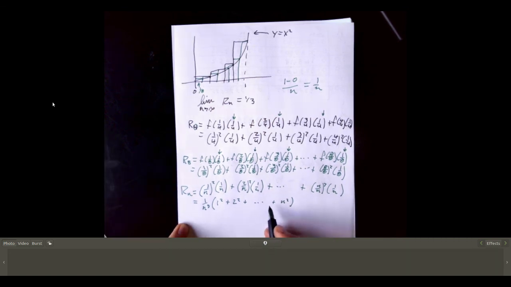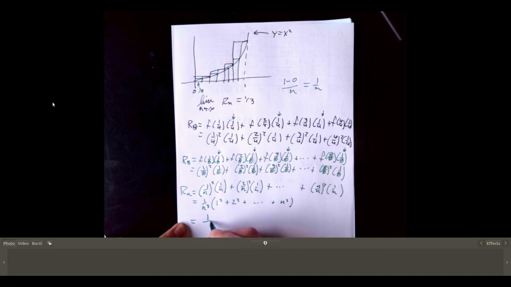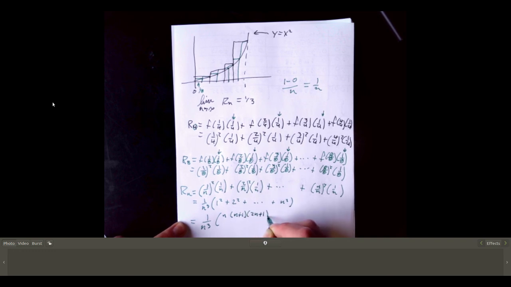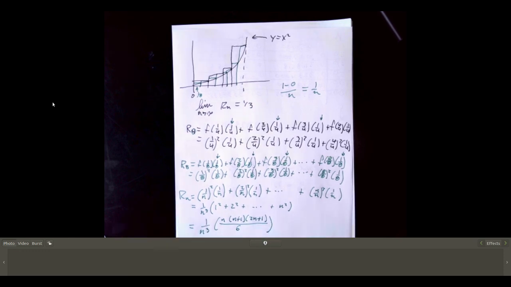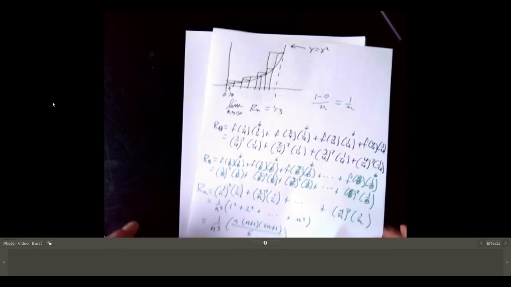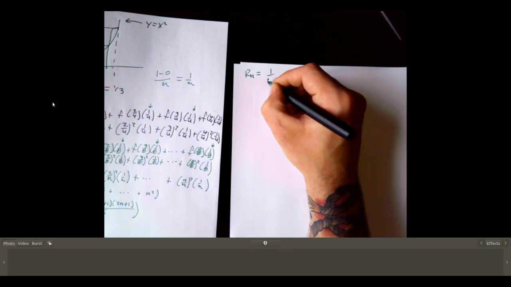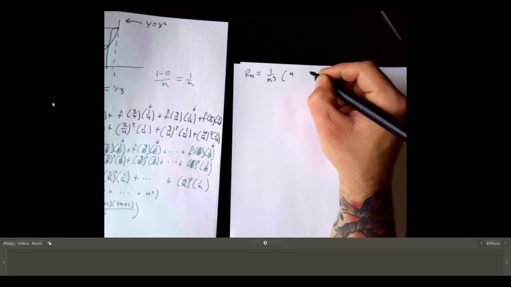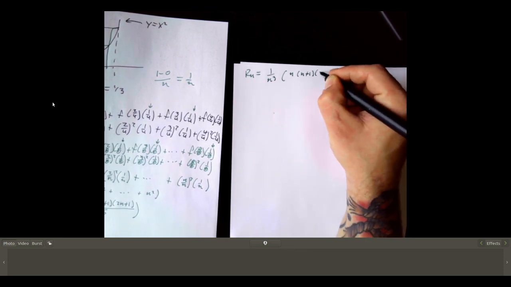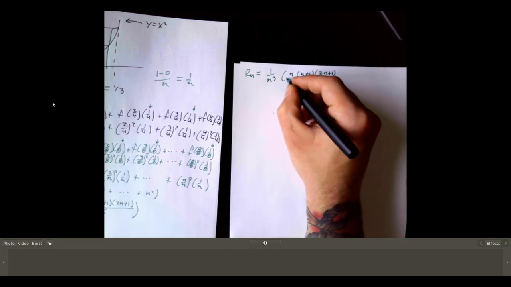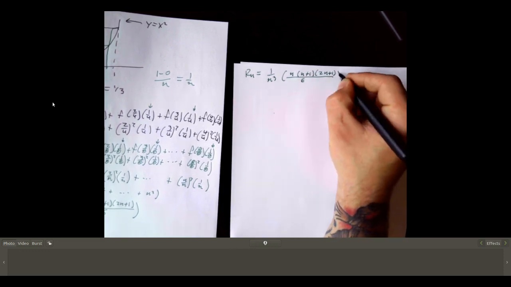The sum of the first n squares is n times n plus 1 times 2n plus 1 all over 6. I'm running out of space, so I'm going to rewrite this right here. We have r sub n equal to 1 over n cubed times n times n plus 1 times 2n plus 1, all divided by 6.